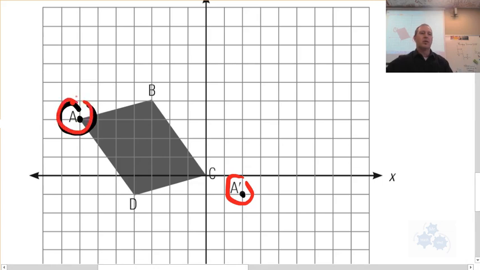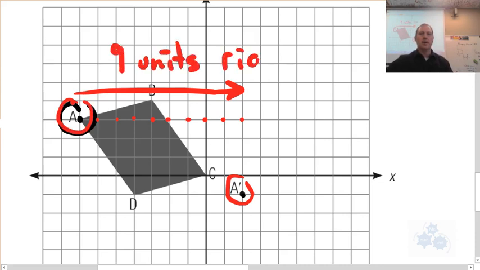How many units, and are we moving to the right or left? From here, we're going to the right, okay? How many units are we going to the right? Count the squares. How many? 10? Let's see. 1, 2, 3, 4, 5, 6, 7, 8. Looks like 9. Close. 9 units to the right. And then, do we have to go up or down?